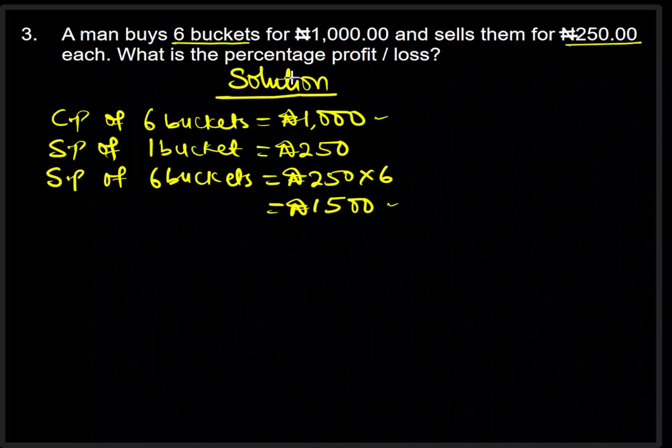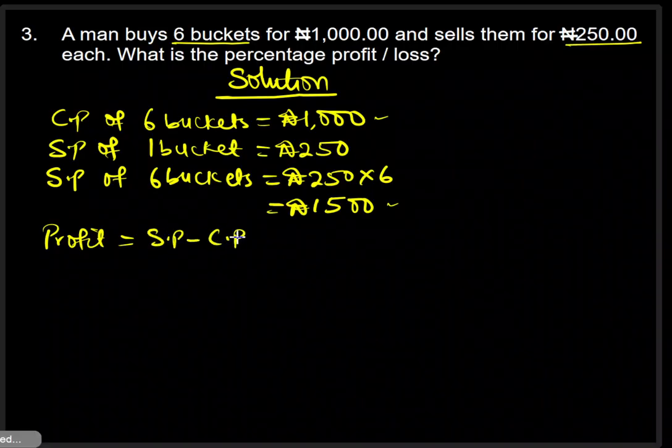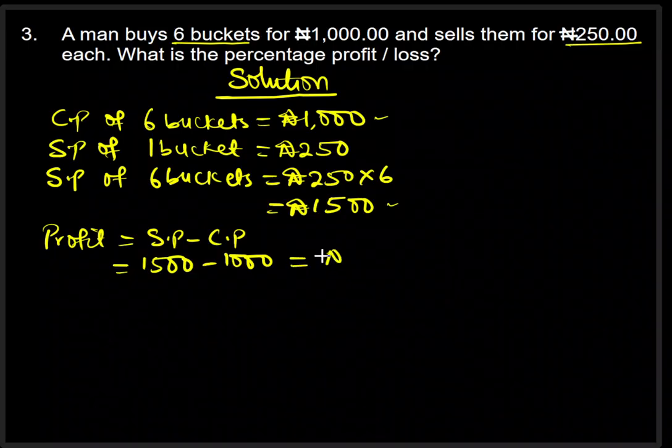So we have to calculate the percentage profit or loss. At this point, I think we are looking at profit because the selling price is bigger than the cost price. So profit is equal to selling price minus cost price, which is 1,500 naira minus 1,000 naira, equal to 500 naira. All right.